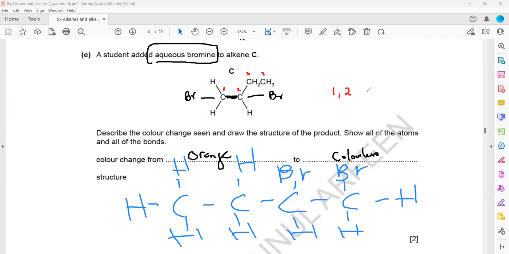So the name of this compound is 1,2-dibromobutane, or dibromobutane is also acceptable. Di means 2, bromo is for bromine, and but because there are 4 carbon atoms.